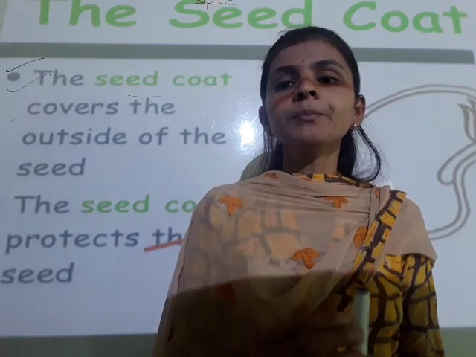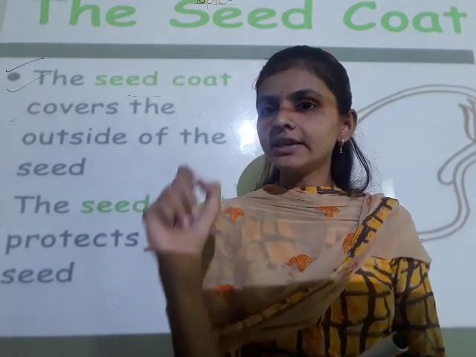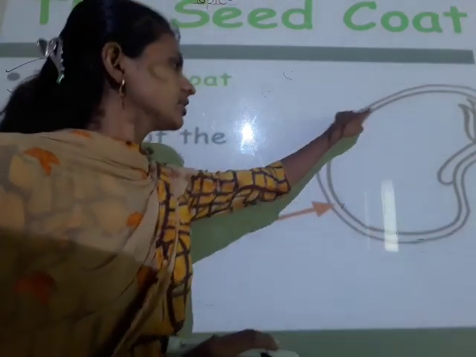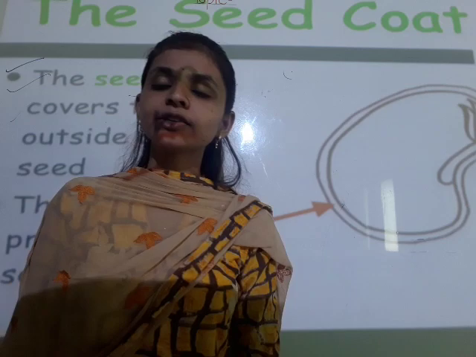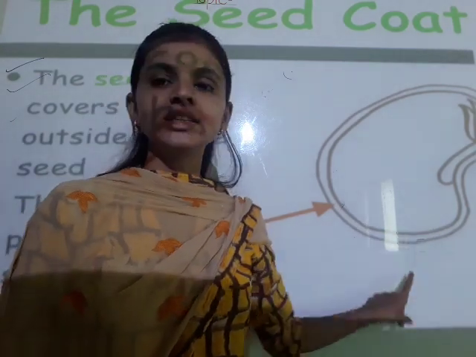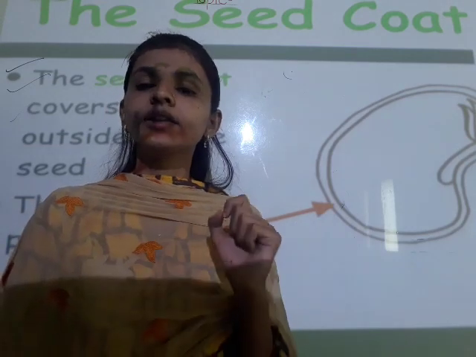So in case of the beans the seed coat is having a thin cover. ये जो होती है the thin skin, the outer thin skin is known as the seed coat. In case of the beans the skin is very thin, but in case of the coconut the seed coat is thick and very hard.